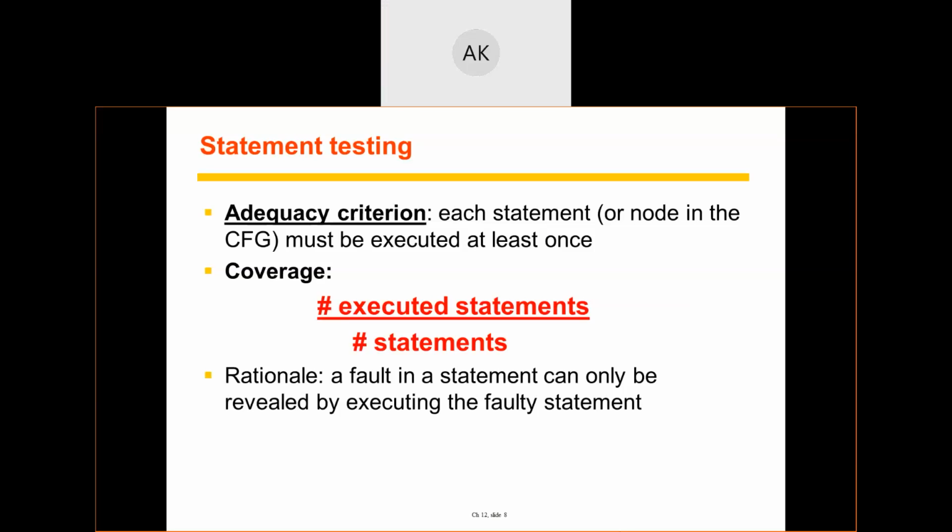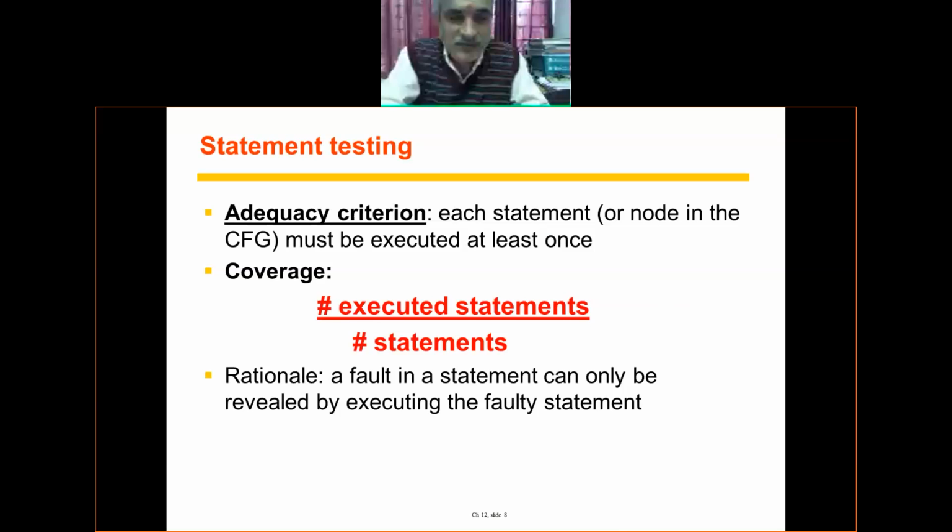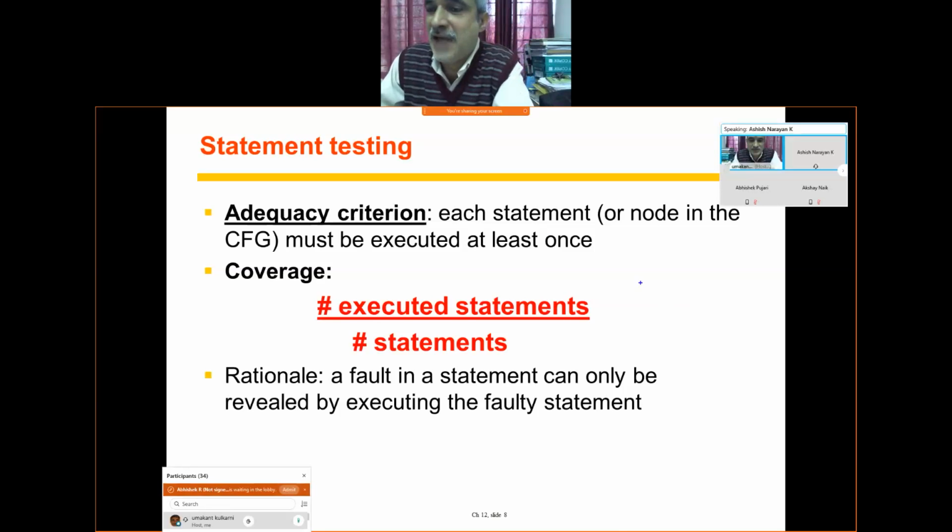A statement is every statement you write in the program. For example, in the C programming language, I will write C = X - Y; then Z = C / 2; I'll keep on writing programming statements like this.